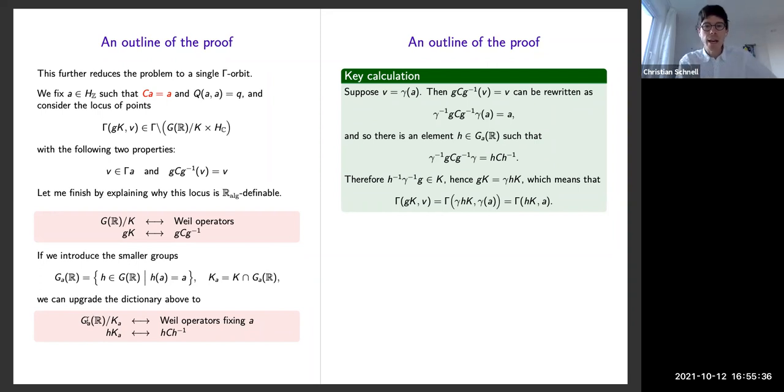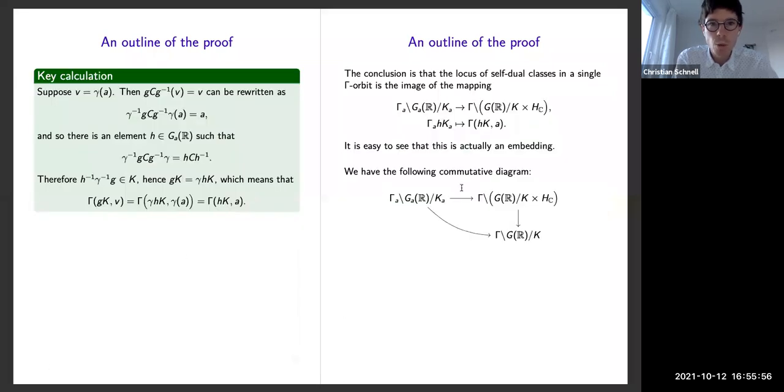And so what this is saying is that the locus of self-dual classes in this fixed orbit is actually all points where the second component is this fixed vector A and the first component is a coset by the smaller subgroup. And so the conclusion is that this locus of self-dual classes in this orbit is just the image of the smaller arithmetic quotient here.